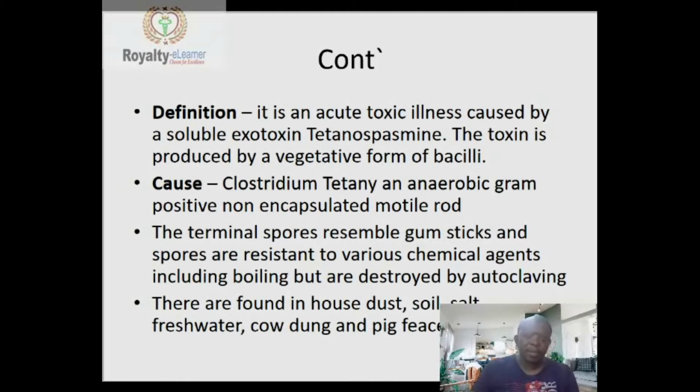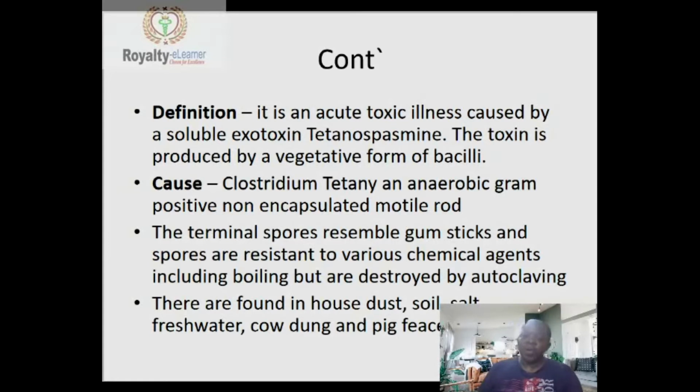Okay, so let's define neonatal tetanus, or tetanus neonatorum. By definition, it is an acute toxic illness caused by the soluble exotoxin tetanospasmin. The toxin is produced by the vegetative form of the bacilli. The cause is Clostridium tetani, which is an anaerobic, gram-positive, non-encapsulated, motile rod.